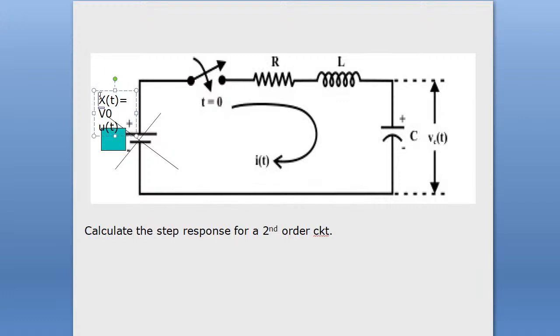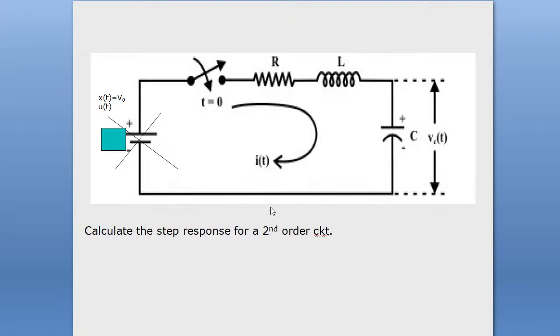V naught is the strength. You can consider u of t only, no problem, but here I have given V naught. This is your input, x of t equal to V naught u of t. This is the unit step input. You calculate the step response i of t for this circuit.